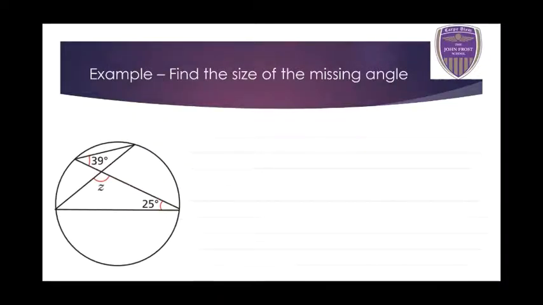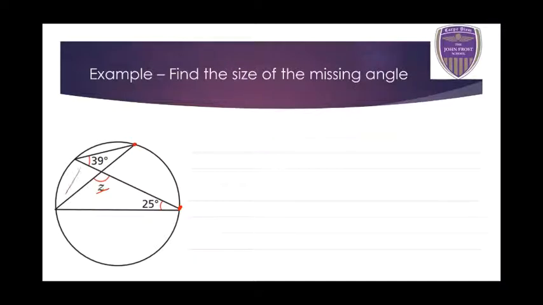Now we can get slightly trickier versions of these questions, okay? So here we're given a couple of lines drawn in this shape here, and we're asked to find the size of the missing angle. In this case, we're trying to find the angle Z, okay? So using the rule that angles that meet at the same points at the edge of a circle will be the same as another point on the circle, I can see I've got 39 degrees here, and the lines from that angle meet there, and they also meet over here.